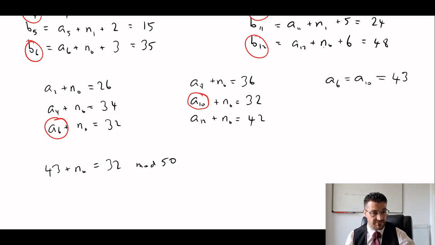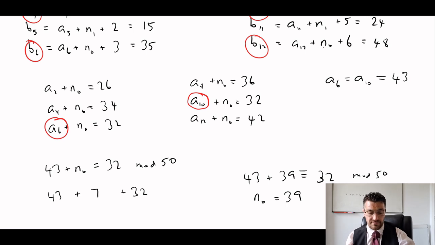Well, if I add 7, 43 plus 7 will give me 0 modulo 50. So plus 32 will give me 32 modulo 50. So 43 plus 39 is equal to 32 in modulo 50. So that means that n0 is equal to 39. Okay.